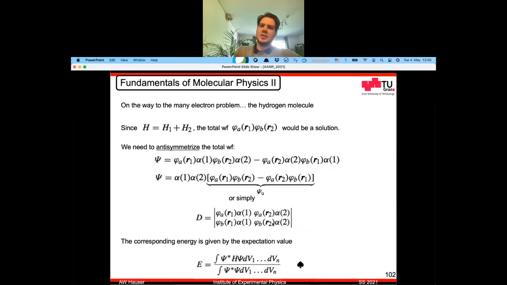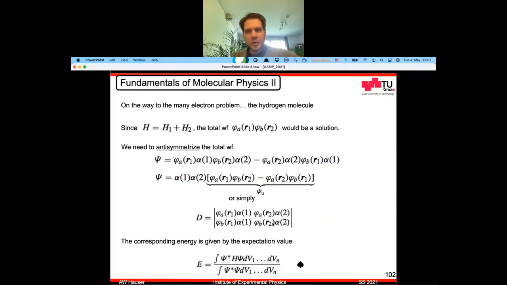Now, what happens to the determinant if you swap rows or if you swap columns? You pick up a minus sign. Exactly, you pick up a minus sign. So you see, by construction, the swapping of 2 columns is identical with changing the positions of 2 electrons.